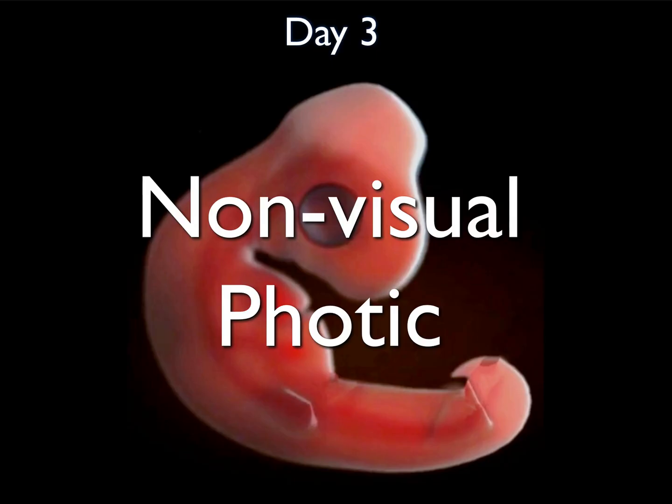It's called non-visual photic. Now, photic means light sensitivity. Visual means vision, but it's non-visual light sensitivity, okay? The visual system has a long ways to go before it's going to become developed, as we'll see. So it's light sensitivity that the embryo exhibits as early as day 3.